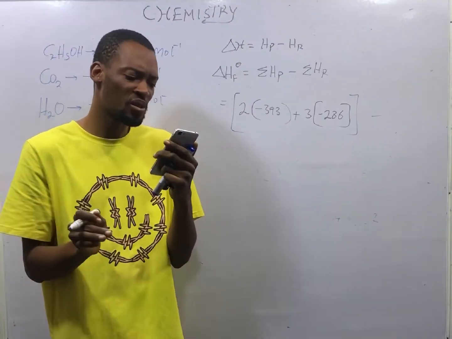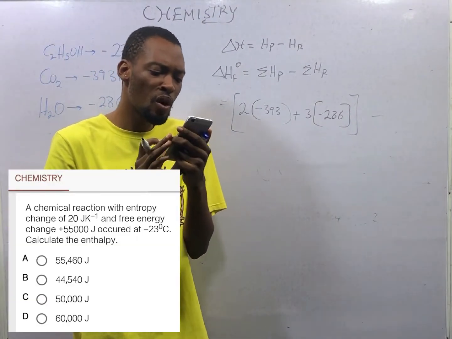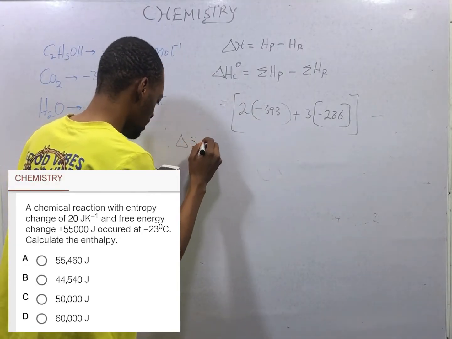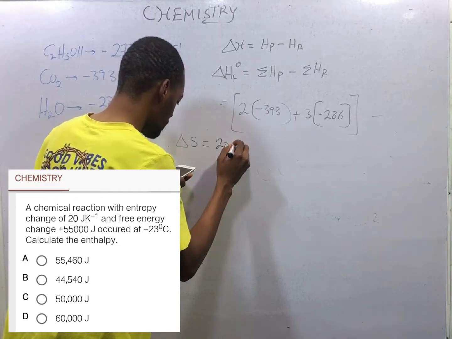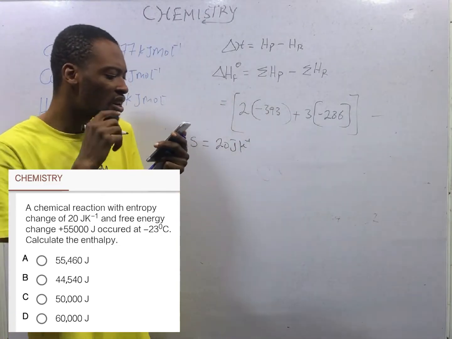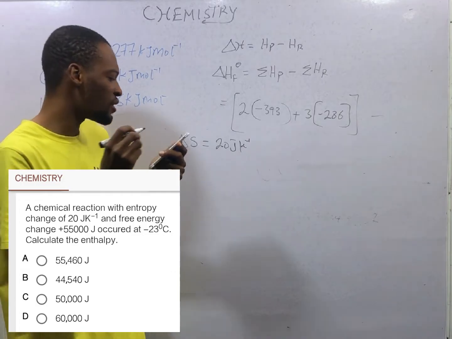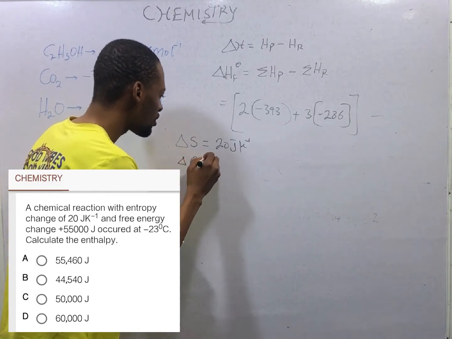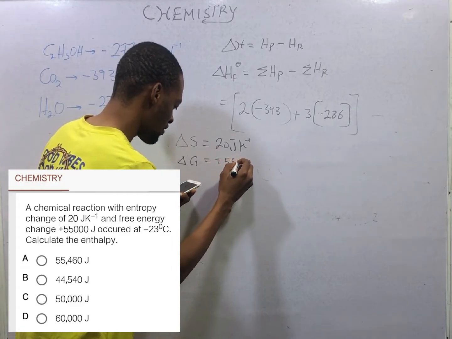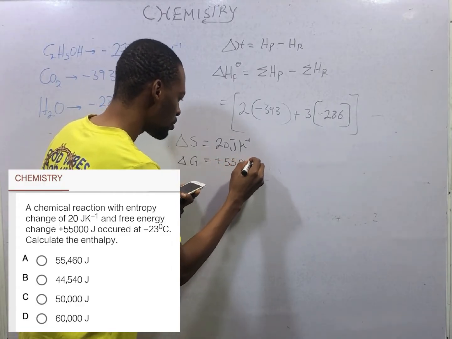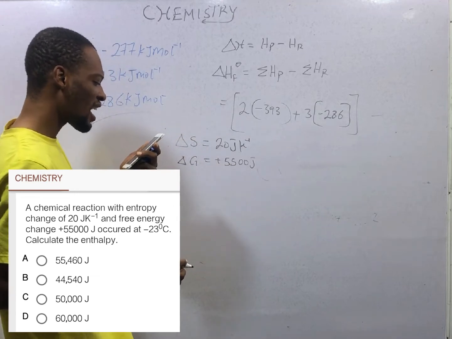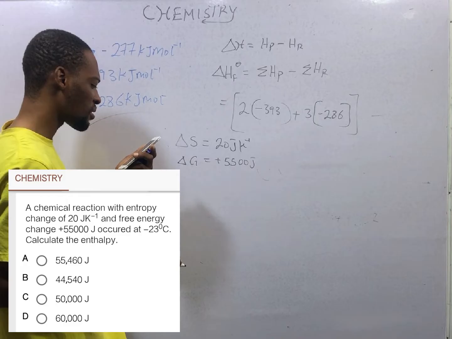And the chemical reaction with entropy change delta S equals 20 joule per Kelvin, and free energy delta G equals plus 5500 joule, occurred at minus 23 degrees Celsius.